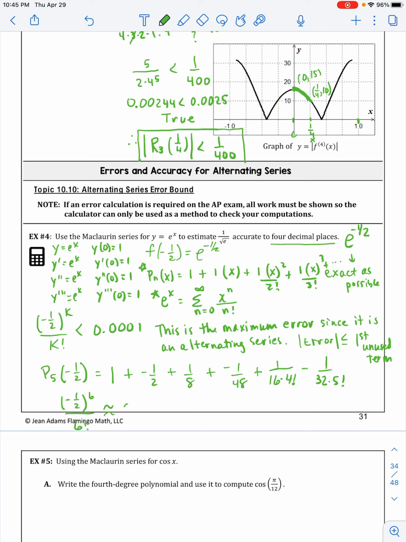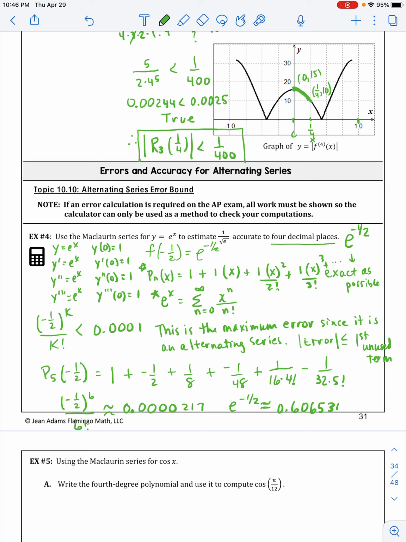And then you should see that your remainder ends up being negative 1/2 to the 6th power over 6 factorial. And the reason why is because that's equal to 0.1, 2, 3, 4, 4 zeros. That's the first time that you get that, so that ends up being your k.